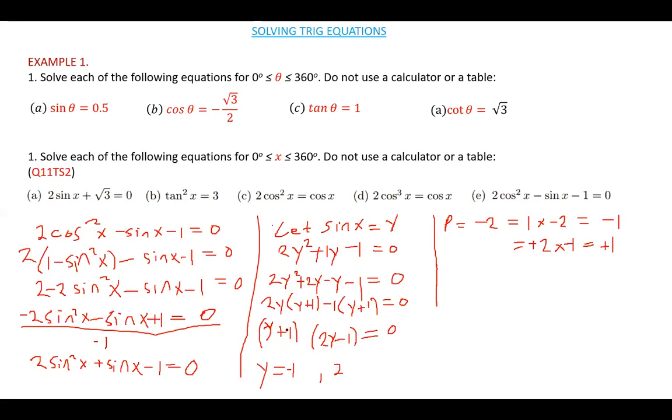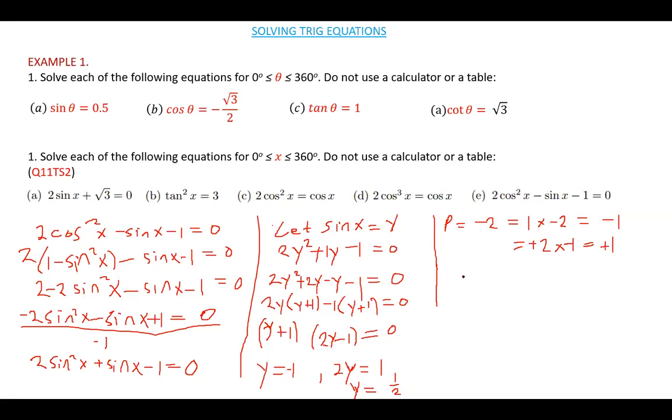When you equate this to 0, you take the 1 to the other side of the equation, you get your y to be -1, or your 2y is equal to positive 1. And then when you divide both sides by 2, you get your answer to be 1/2. So we have our y to be -1, and then our y to be 1/2.